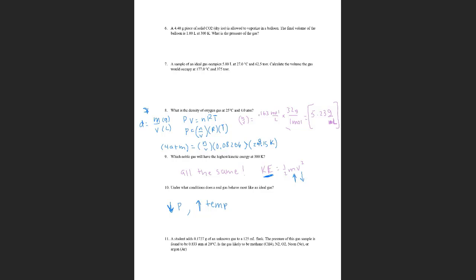Any questions so far on anything we've discussed? Okay, cool. Let's do number 11. So 11 says, a student adds 0.1727 grams of an unknown gas to a 125 milliliter flask.